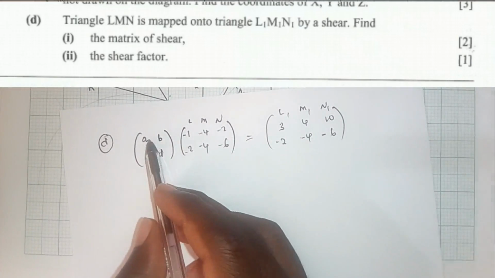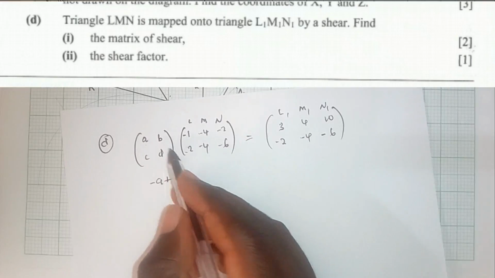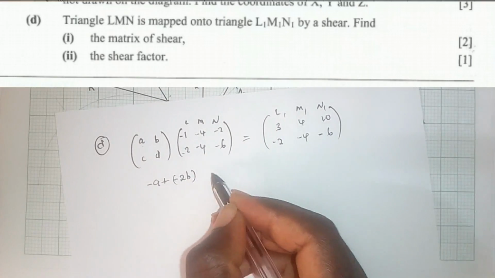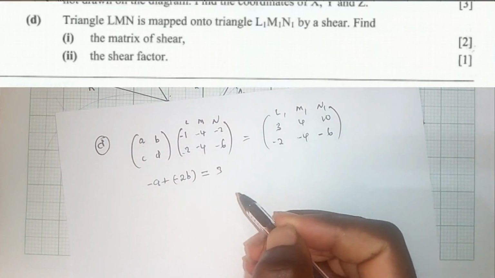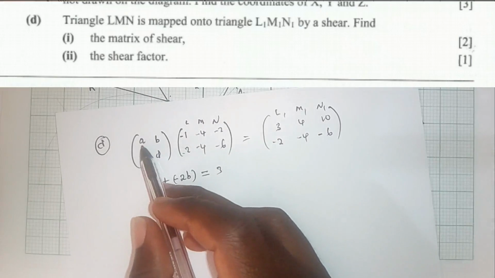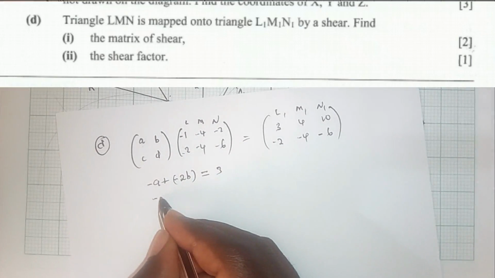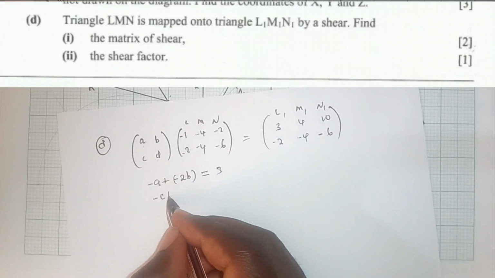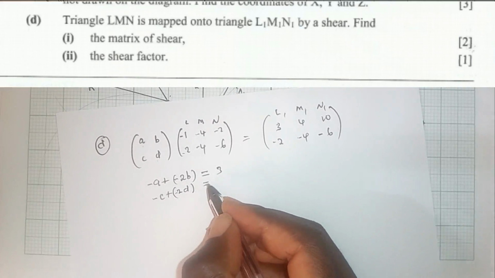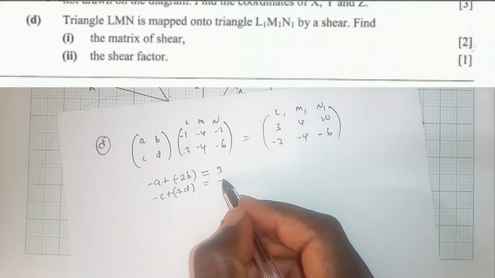So we say A multiplied by -1 is -A plus this one, it will be -2B, which is equal to 3. Then we come to this other one, we say this one is C plus -2D, which is equal to -2.